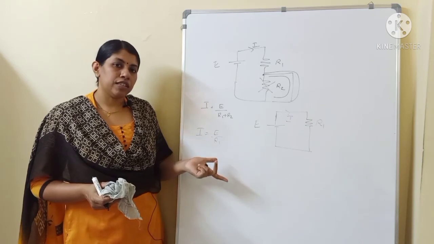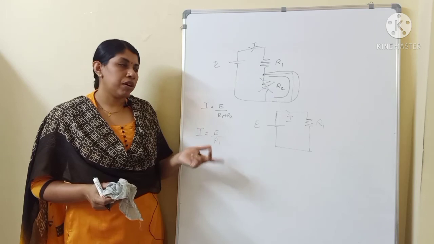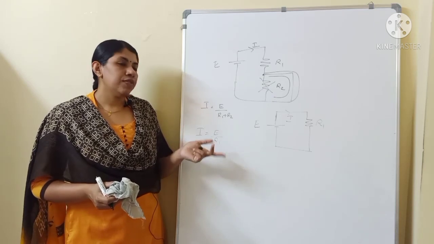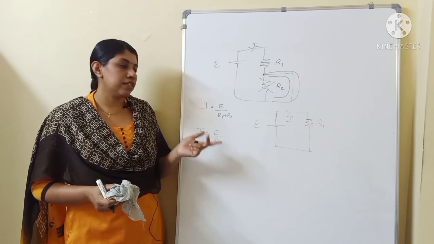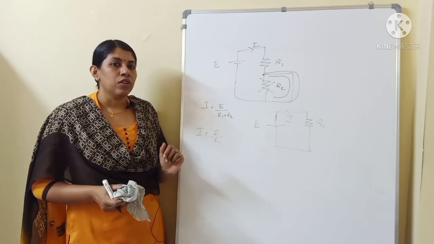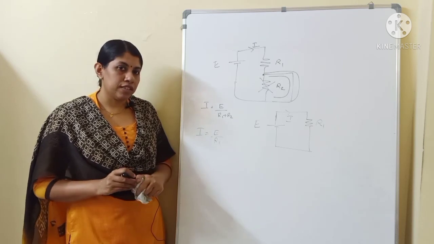Then we discussed how to calculate the total power in the circuit. Finally, we discussed how open circuit and short circuit affect the series connected circuit. This is the conclusion of the topics we have discussed in this class.